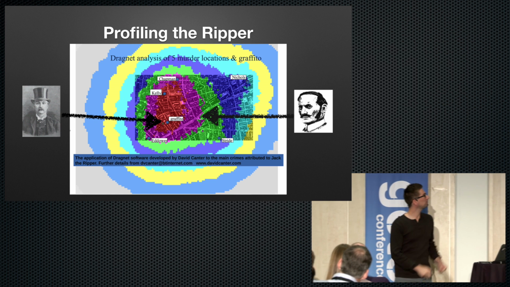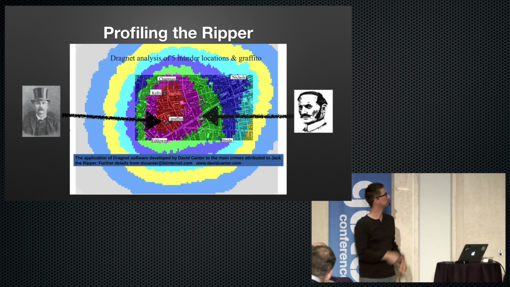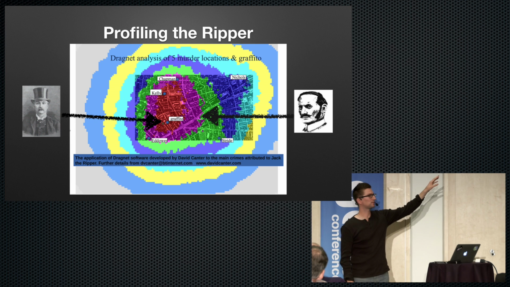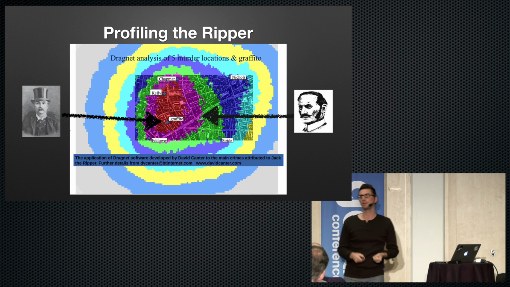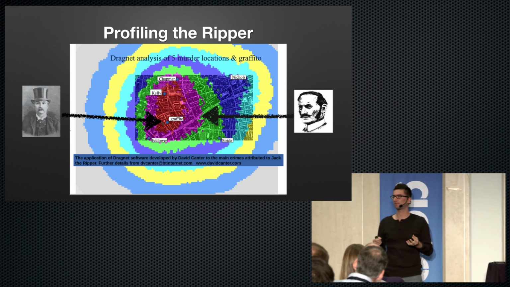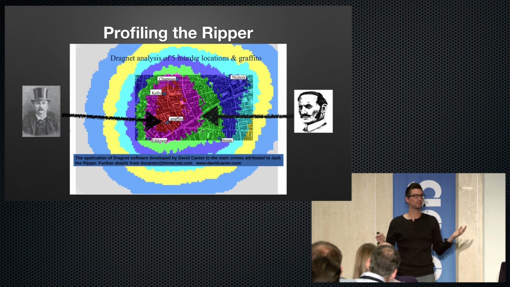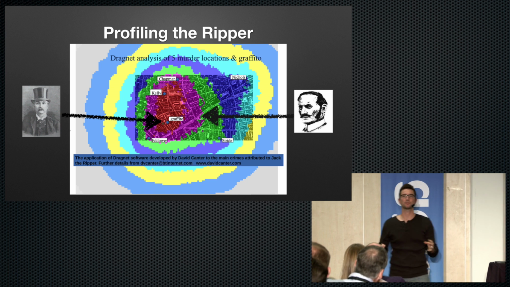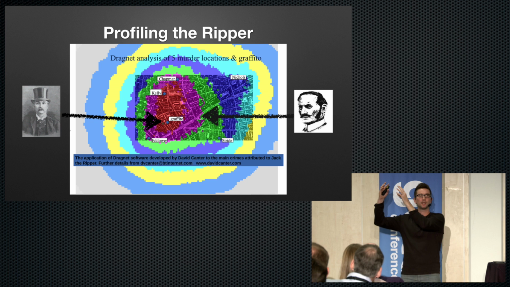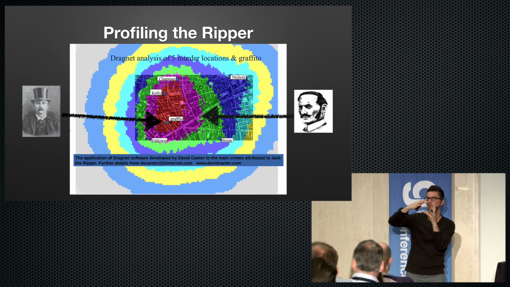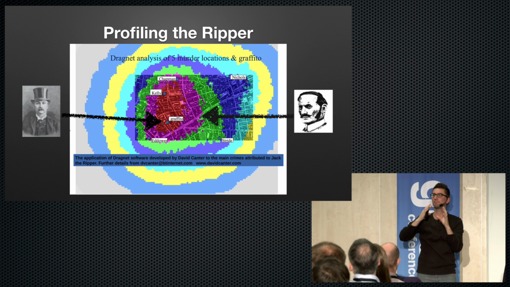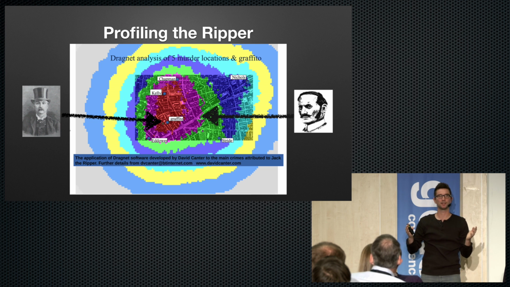And I hope you can see that here. You have some blue dots there. Those are the crime scenes of the Ripper. So what you do with geographical offender profiling, if you want to catch Jack the Ripper, is that you consider each crime scene a center of gravity, right? And then you weight them all together, but with one important psychological twist.